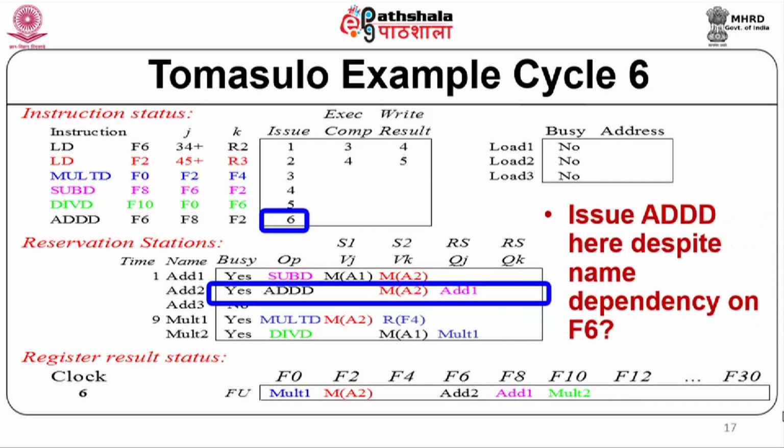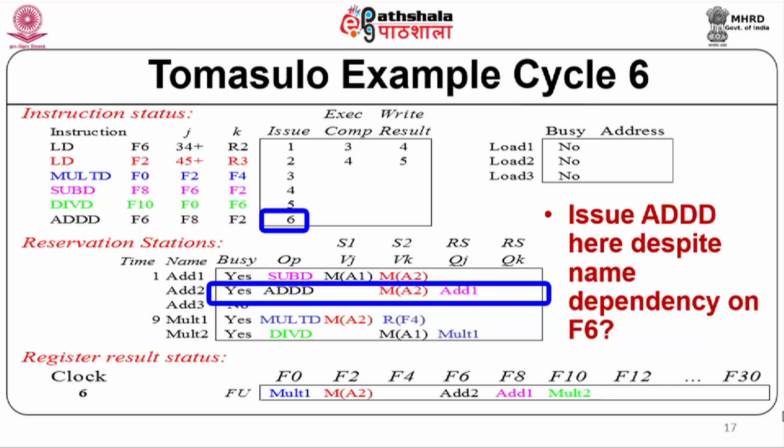One observation you will have to make here is that we are issuing the add instruction despite the name dependence on F6. F6 is one of the source operands for the divide instruction, which is issued in the 5th clock cycle, and add writes into F6, which is its destination operand.